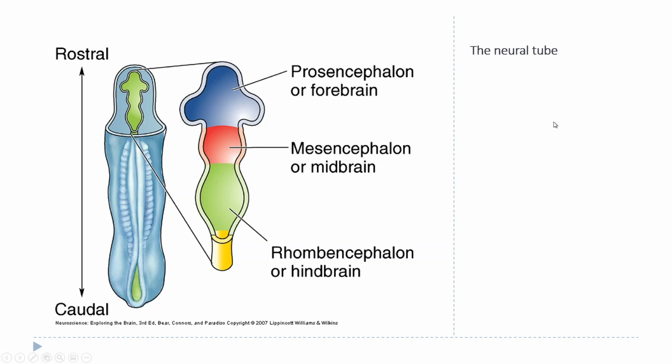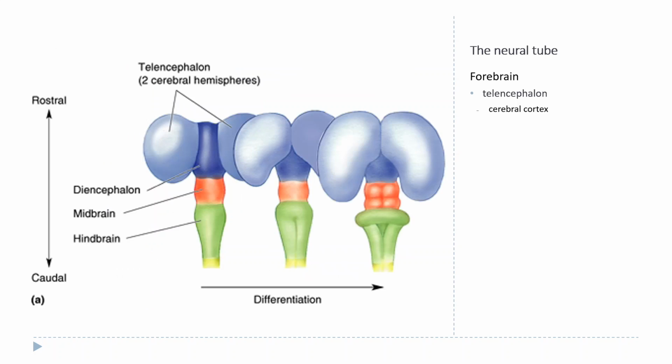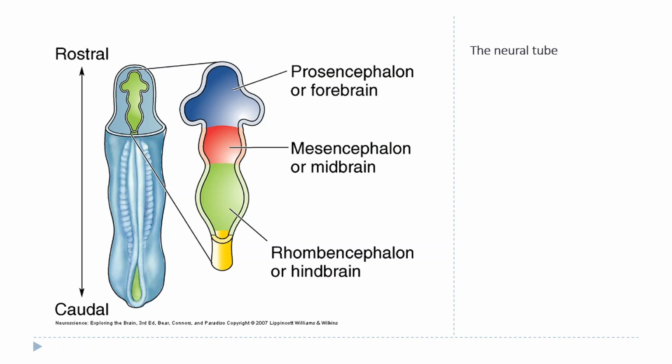So the neural tube, again, is exactly what it sounds like. It's just a long tube that stretches from the head to the tail. And as the embryo grows, the tube starts to grow and enlarge at one end, and that end will eventually be the rostral end, which means it will eventually turn into the brain. And so the swellings that start to form at the rostral end of the brain, there are usually three of them.